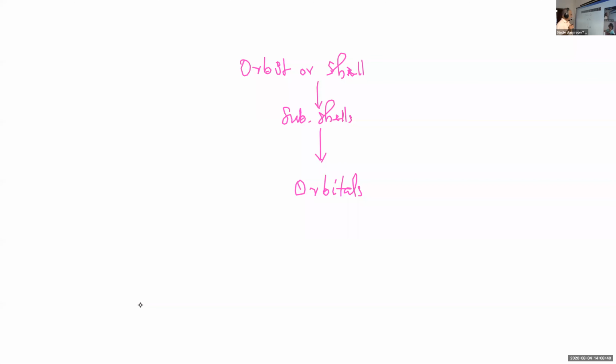Then the subshells are divided into orbitals. So we can say orbitals are the subdivisions within the subshells. That is why we say orbitals are the subdivisions within the subshell.